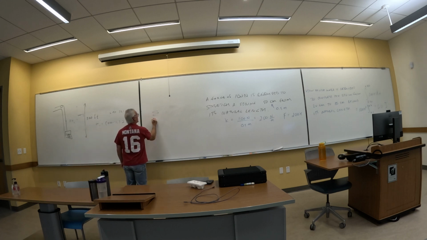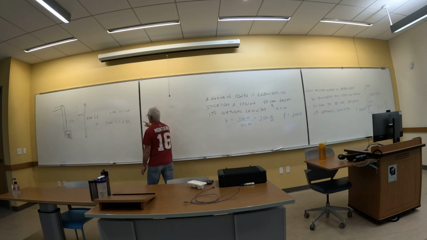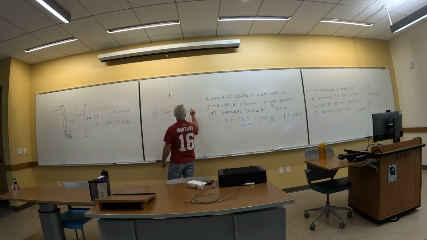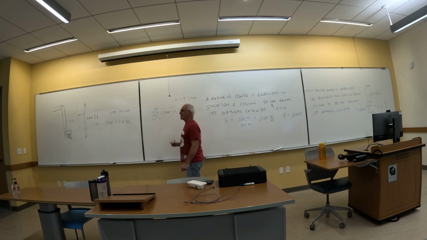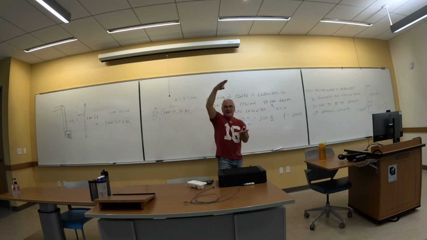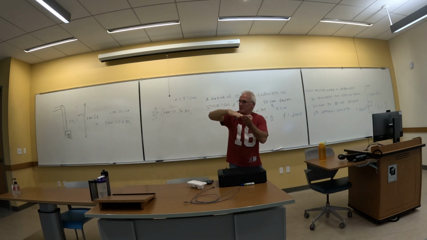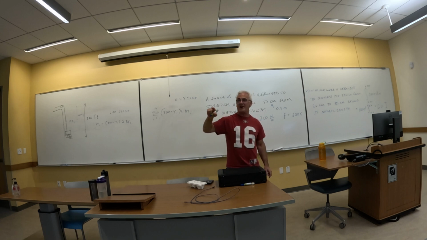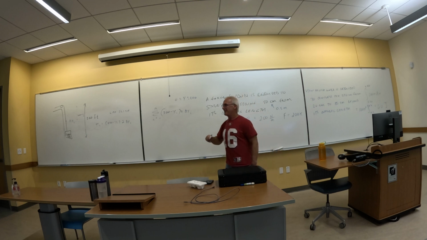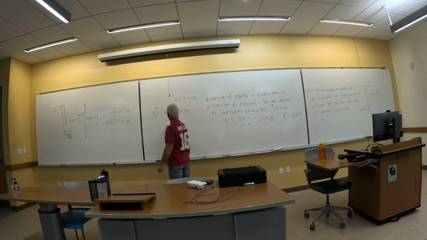So I want the sum from i going from 1 to n of this, where the y is ranging between 0 and 200. We know now if we take the limit as the thickness approaches 0, the norm of the partition approaches 0, we can write the definite integral. This is the estimation, not the answer, but we know how to go from the sum to the integral. Hopefully, that was a big part of Calc 1.